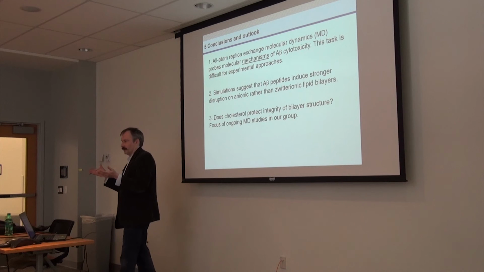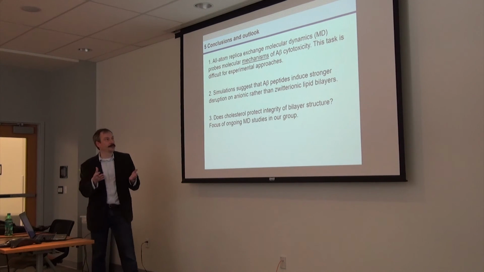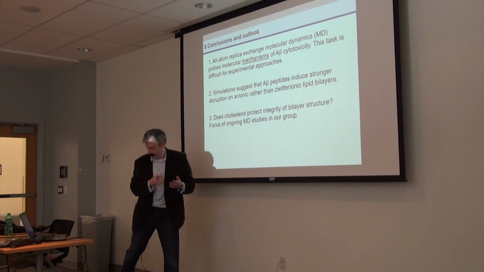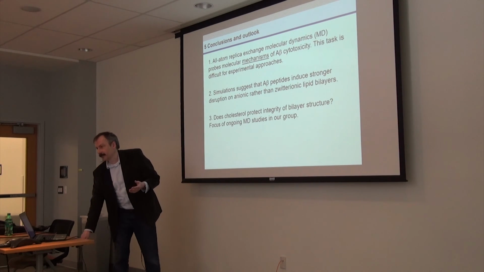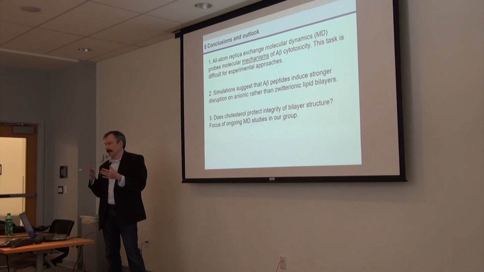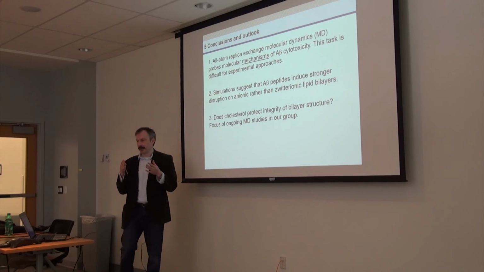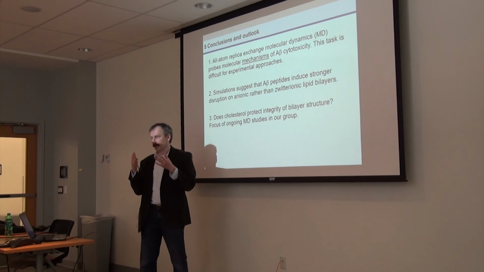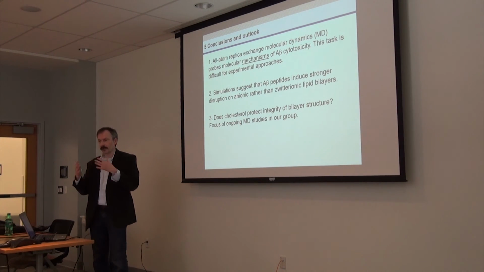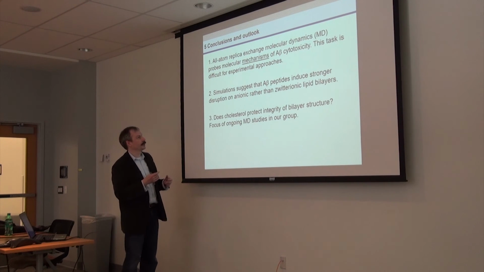It's obviously not a substitution for experiments, but it's a good additional tool. I know that maybe experimentalists have a different point of view, but I suspect that it will be difficult to study the molecular mechanisms of A beta peptide interactions with the bilayer using only experimental tools. It's difficult to sort this out of all the interactions in play there.